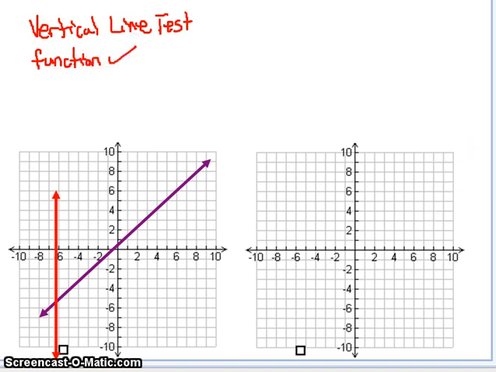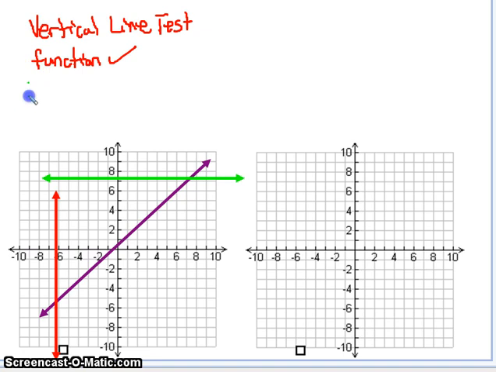However, if we want to know about the inverse, we actually do a horizontal line test, because our horizontal line is going to tell us whether or not the inverse is a function. So here we're good. If we run our horizontal line up and down our purple relation, then we only touch one time.